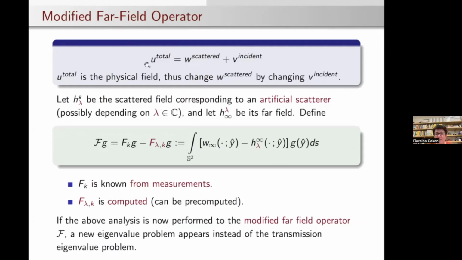And the total field is not going to change. So mathematically, in terms of the far field operators, this is the following. Suppose that you compute the far field operator corresponding to some artificial scatterer, and you subtract it from the far field operator. And then you go through the same story I described today for 55 minutes and analyze when this modified far field operator is injective.